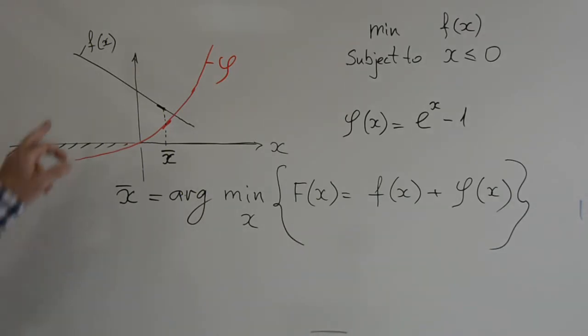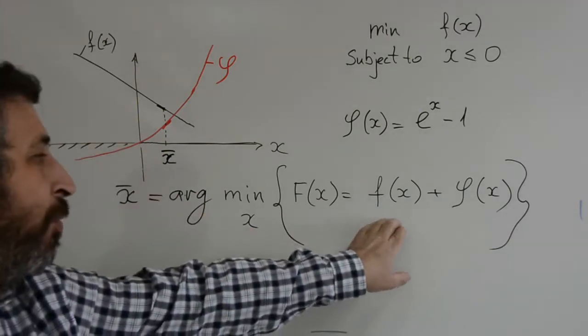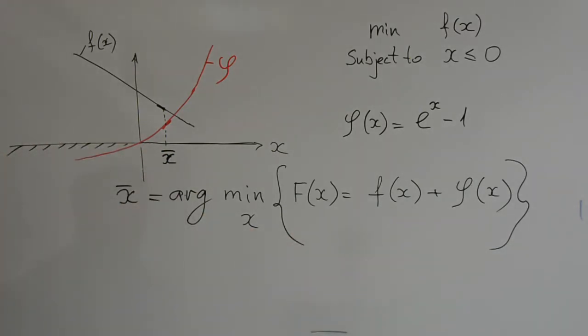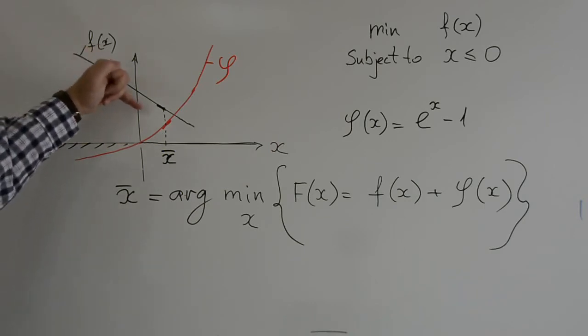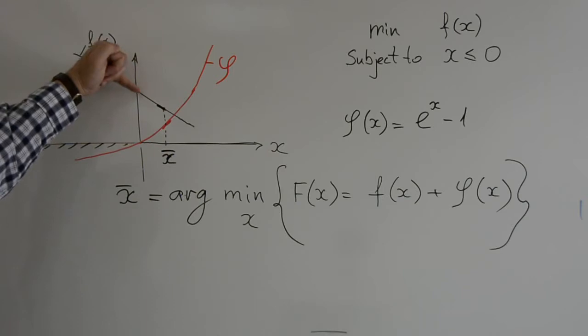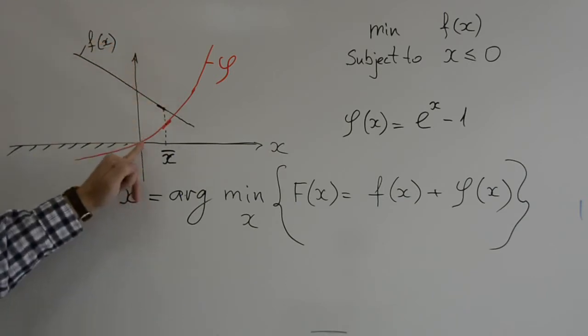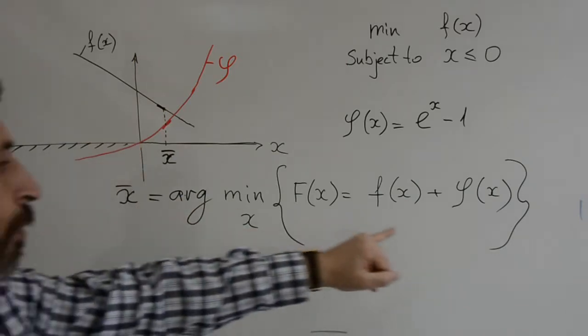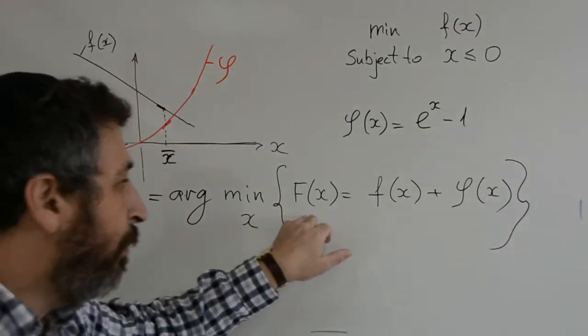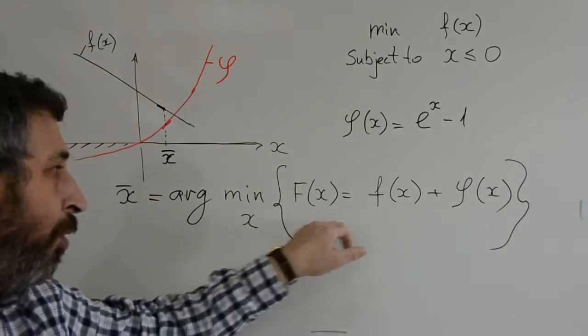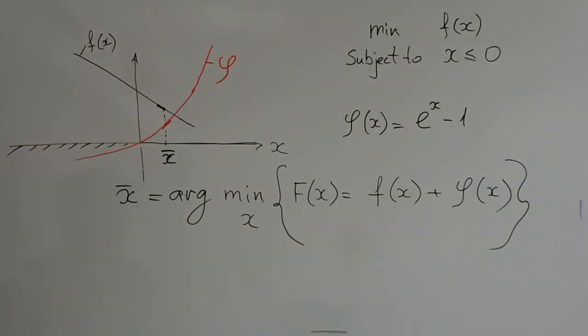Let's think together where the minimum of this aggregate will occur. I claim that it will happen at the point where negative derivative of f of x will be equal to positive derivative of phi of x. Meaning derivative of the whole penalty aggregate will be 0. And here is my point x bar.